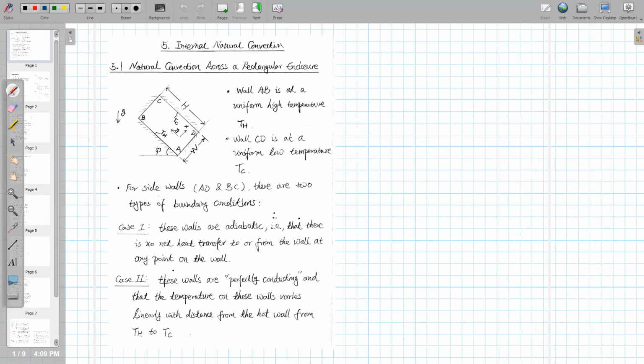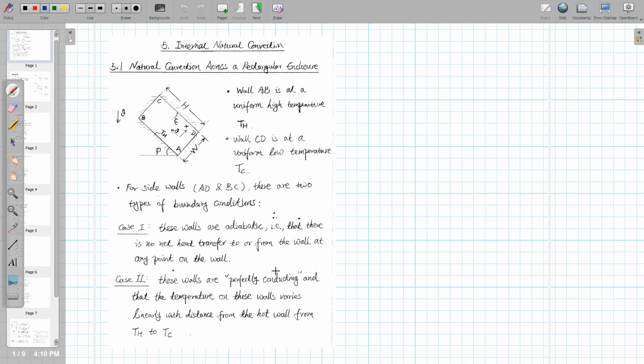The second one is that, instead of the first case where we consider these walls thermally insulated, we consider that walls AD and BC are perfectly conducting, which means their thermal conductivity K goes to infinity.